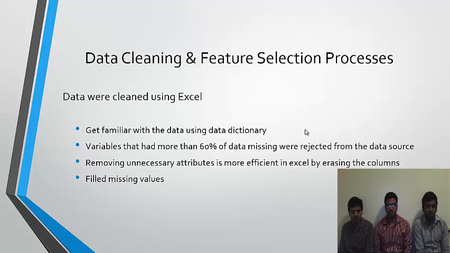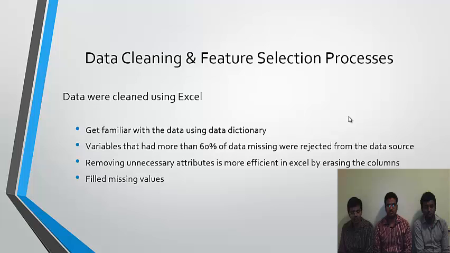When we observed the remaining 112 variables, which were almost our point of interest, some of them had more than 60% empty values, and when there are more than 60% empty values, it's of no use to keep them in the data set. So in the second version, we first eliminated the variables which had more than 60% of the data missing.